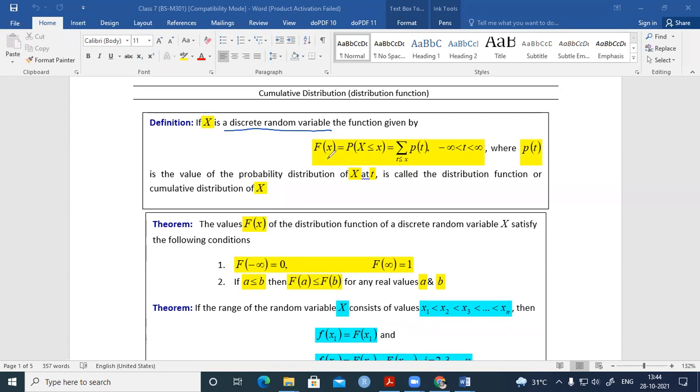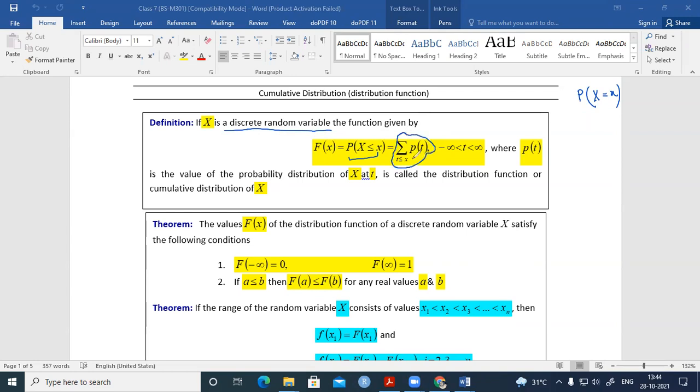Here also, with respect to probabilities, cumulative probabilities will be calculated. If the probability function is denoted by probability of X equal to small x for the discrete case, its corresponding distribution function will be denoted by F(x), which is defined as probability of capital X less than or equal to small x. This is the definition.